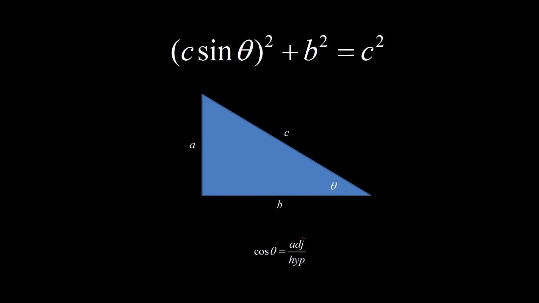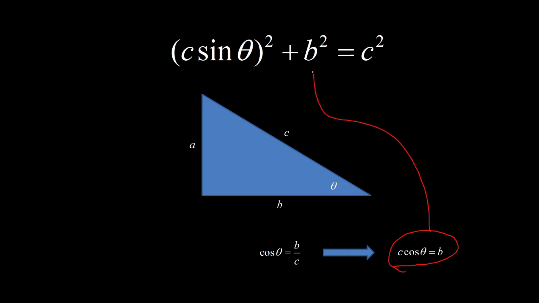Because you can see the adjacent leg is B. So the adjacent leg is B, and the hypotenuse is C. And again, I'm going to multiply both sides by C so that these C's cancel out. And we're going to take this and stick it into the Pythagorean theorem.